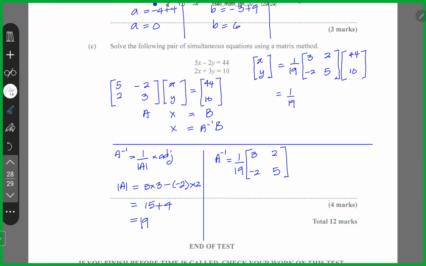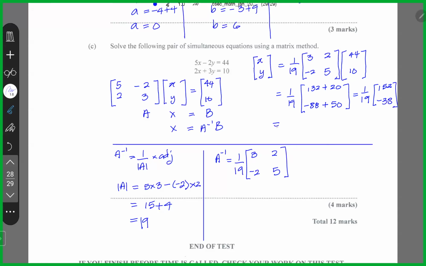What's 3 times 44? 132. 132 plus 2 times 10, which is 20, minus, this is minus 88. 5 times 10 is 50. And so this is 1 over 19, 152, and minus 38.